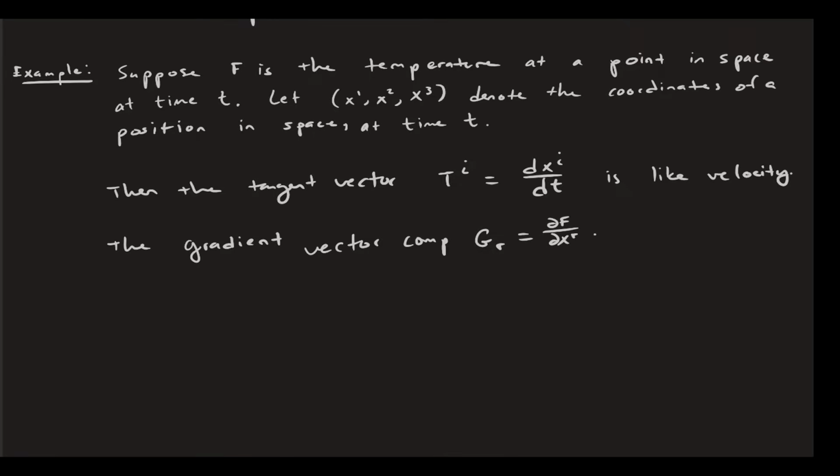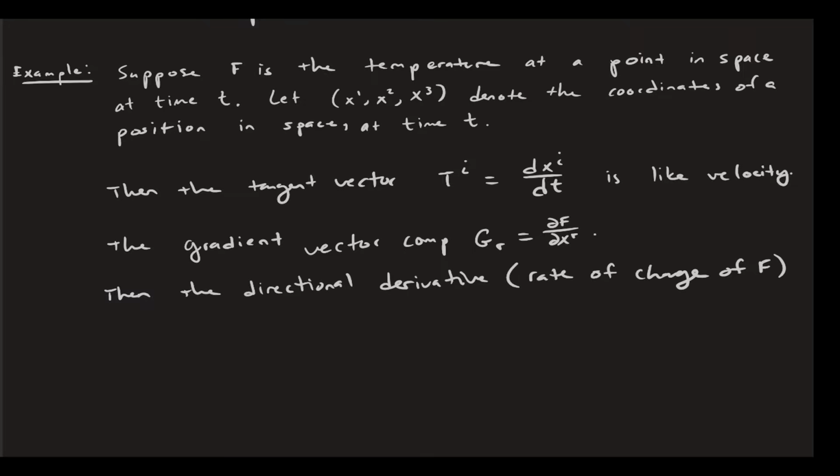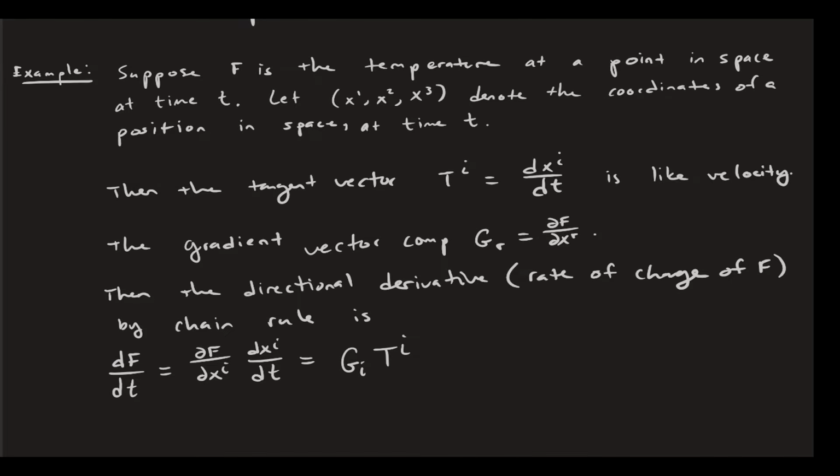Then the directional derivative, or really just the rate of change of F, the temperature, by the chain rule is, so how does the temperature change over time? dF/dt would be equal to ∂F/∂x^i dx^i/dt, which would really just be G_i T^i, which by our theorem is an invariant.